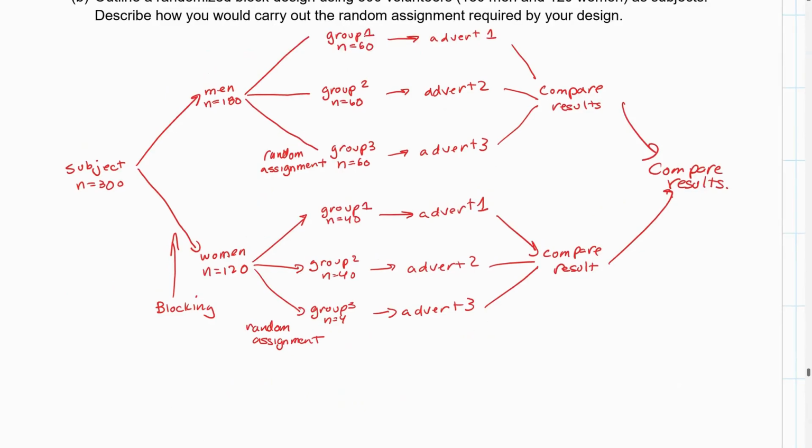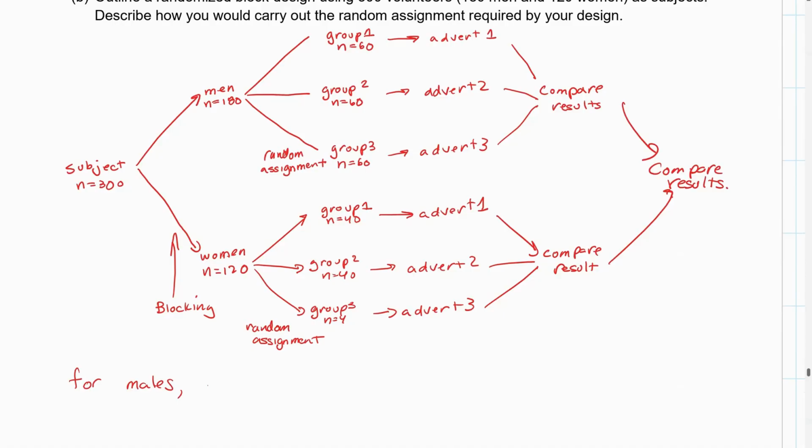Okay, well, let's talk about doing the random assignment for the males. For the males, we have to break it into three groups.